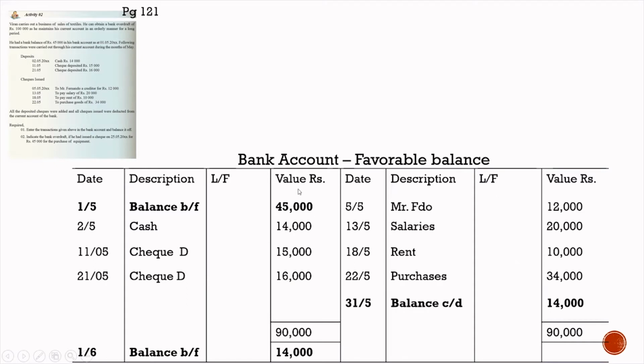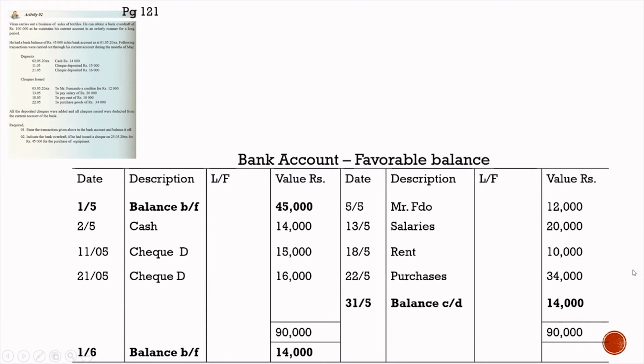If this is the only thing happening, the value on the debit side will be 90,000 and the value of the credit side will be less, that is 90 minus 14, 76,000. So we have to add the 14,000 to make it equal, right?